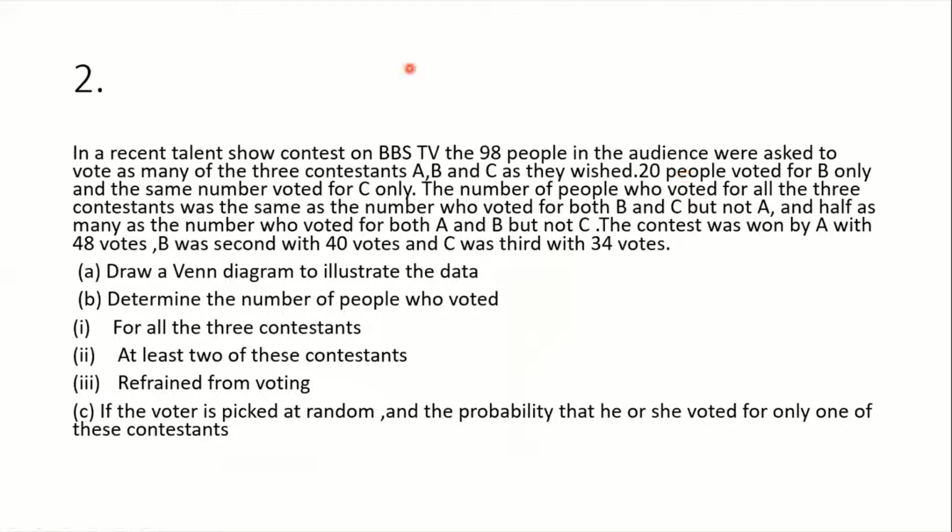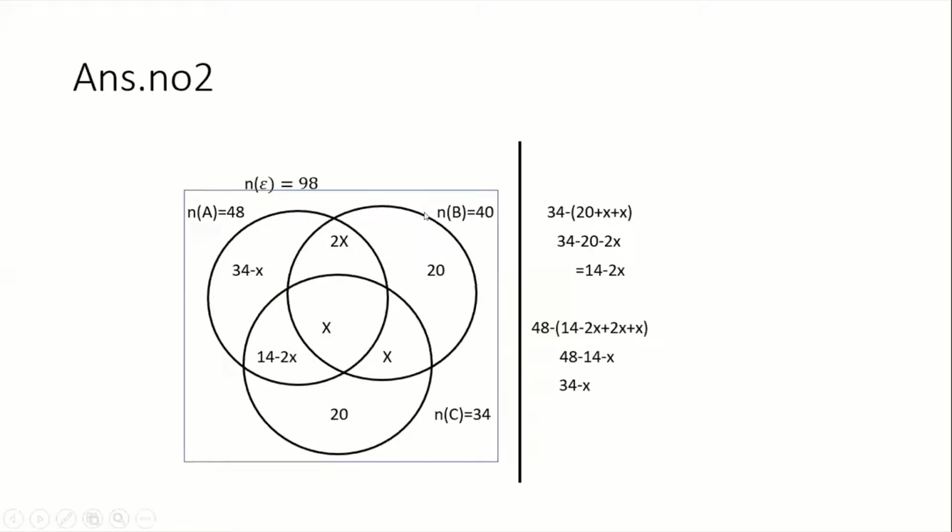Let me try do this. Okay, this is the keyword here, because without it, you cannot get what it's meaning. So they're telling us 20 people voted for B only and the same number voted for C only. So if we get back to our Venn diagram, they're telling us 20 people voted for B only.